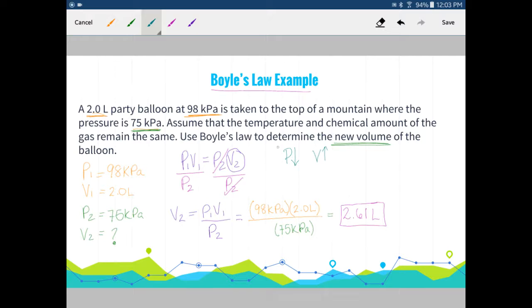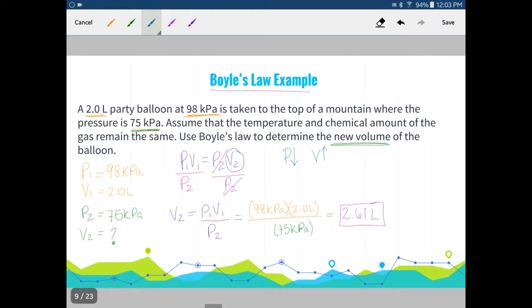In this case, my pressure went from 98 to 75 kilopascals, so my pressure decreased and my volume should increase. I started at 2 liters and result in 2.61 liters, which is an increase in volume. So this number does make logical sense, and it is consistent with what we know about Boyle's law.